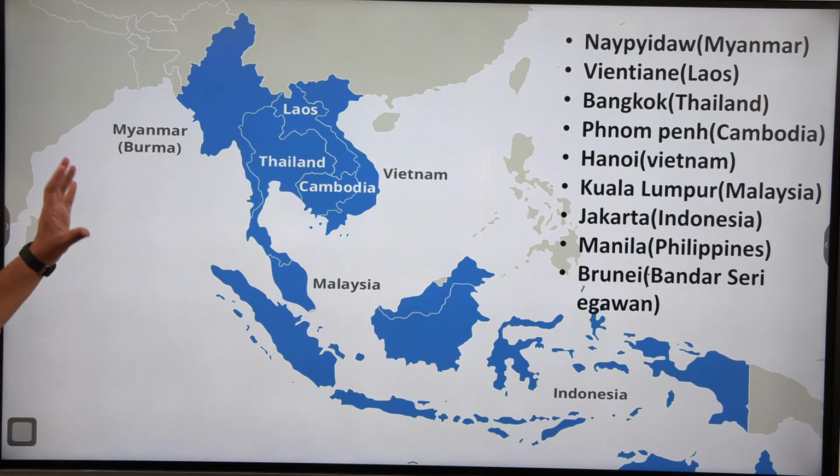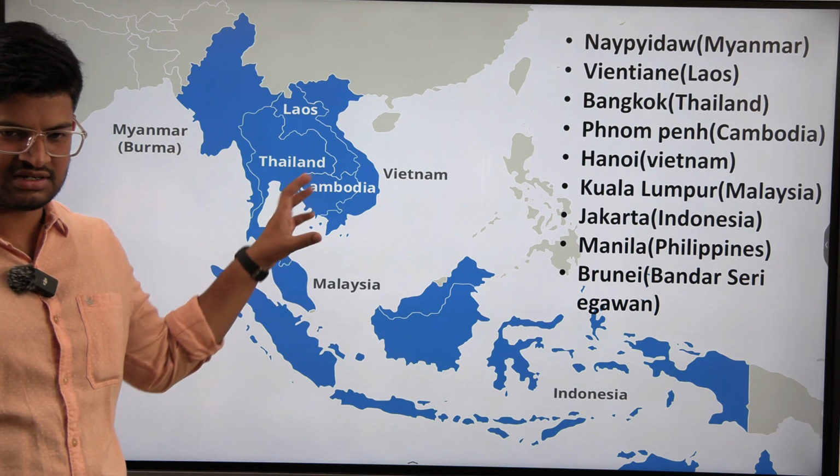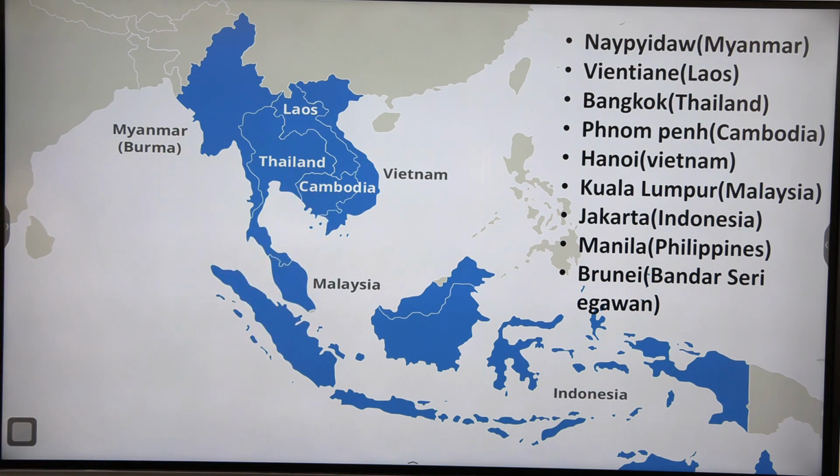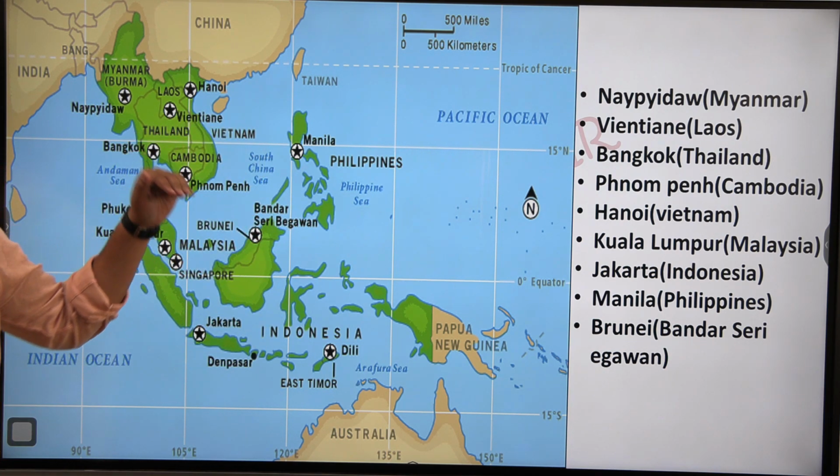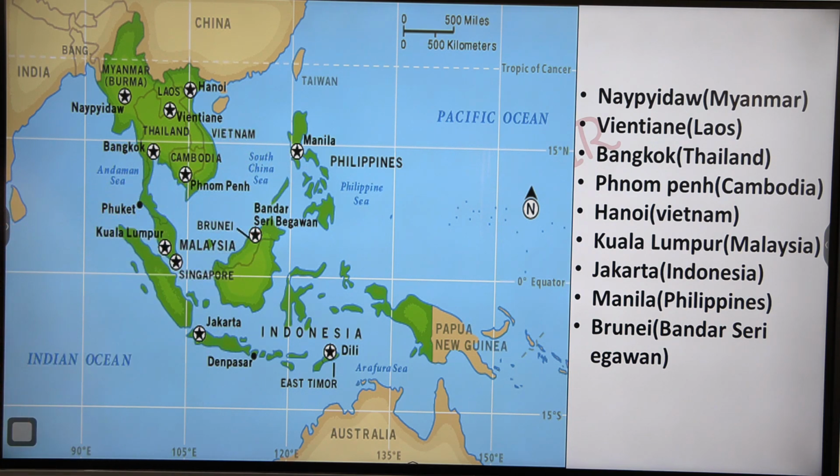You should just have an idea regarding which country is located where. So these are the countries: Myanmar, Laos, Vietnam, Thailand, Malaysia, Singapore, Indonesian islands, the Philippines. These are our Southeast Asian nations.